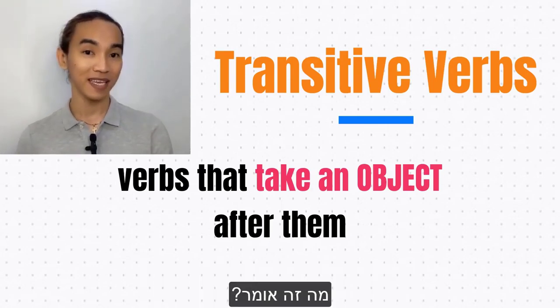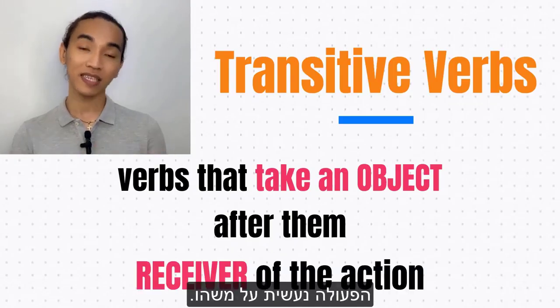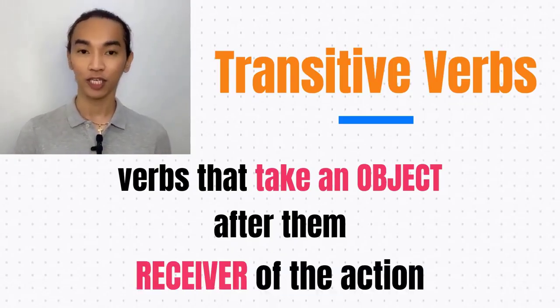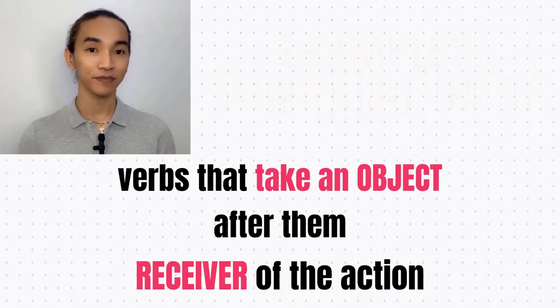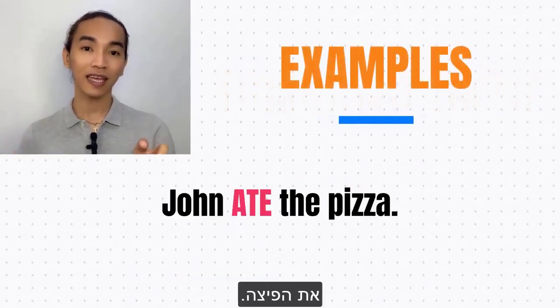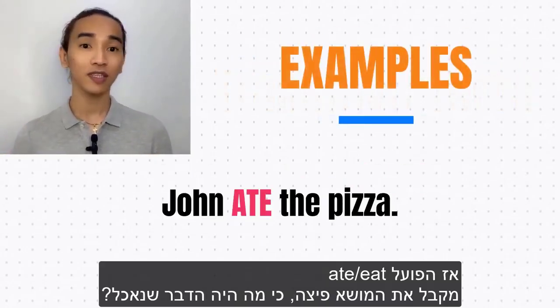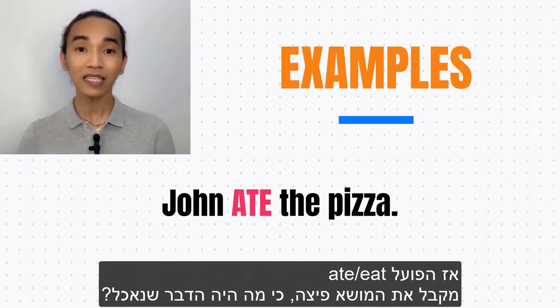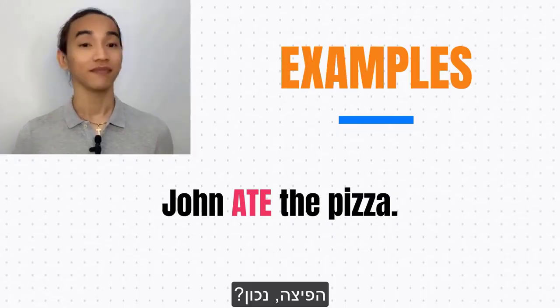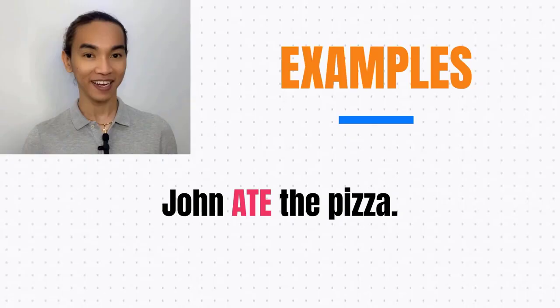So what does it mean? So there is a receiver of the action. So like for example, John ate the pizza. So the verb ate or eat takes the object pizza because what was eaten? It was the pizza, right?